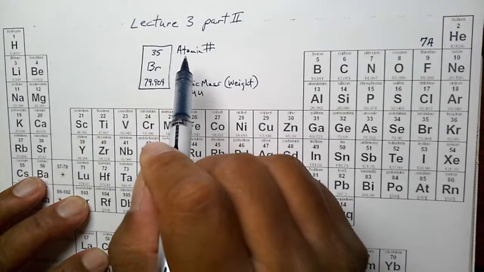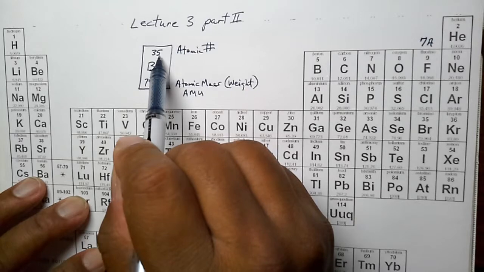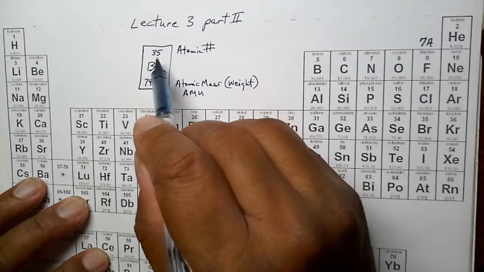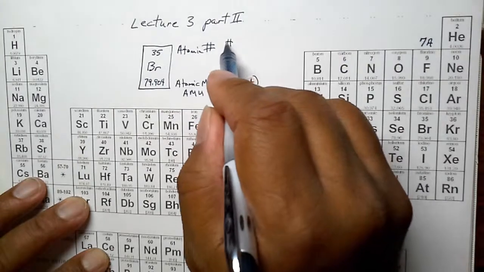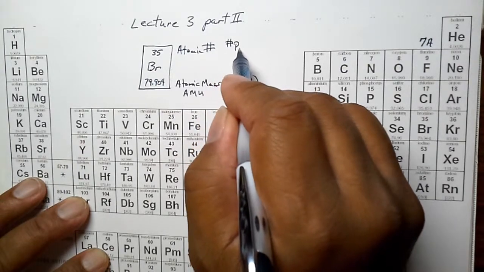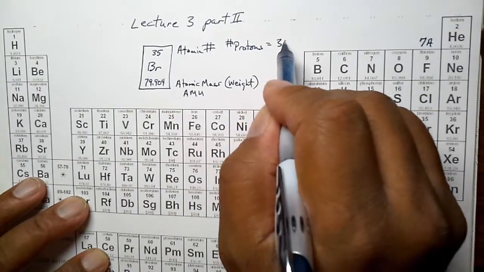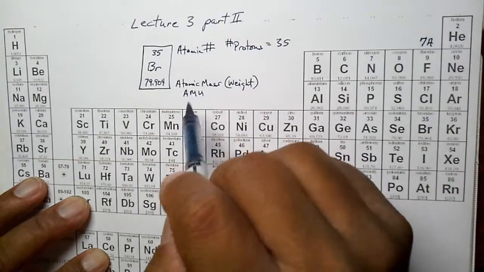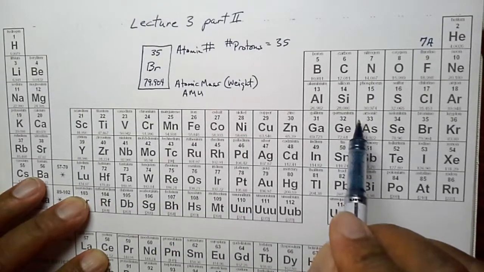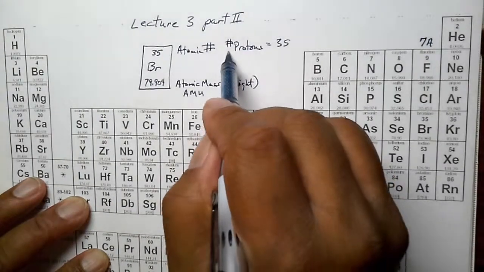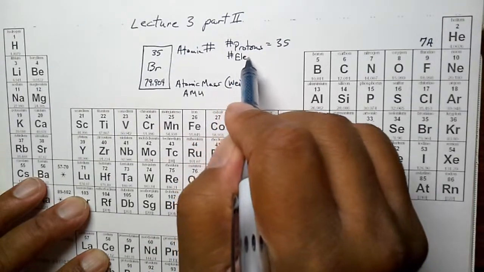Okay, so our atomic number is, do you remember? It's the number of protons, and since all of these elements in the periodic table are represented as neutral, this is also the number of electrons.